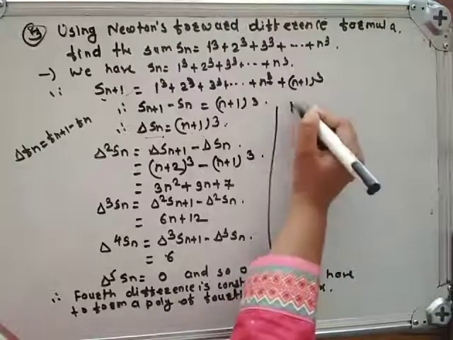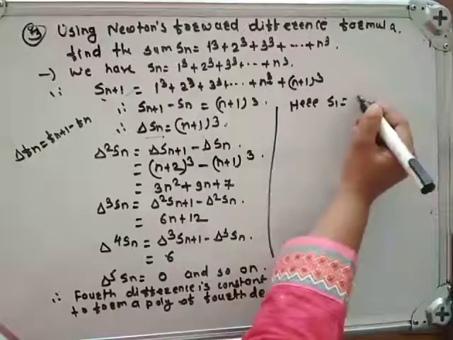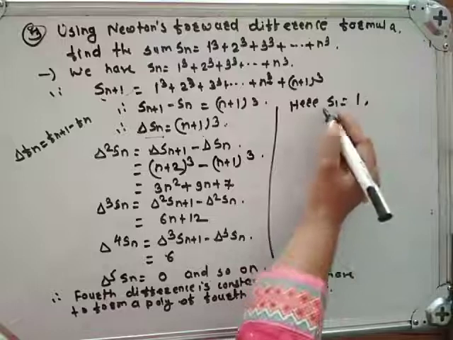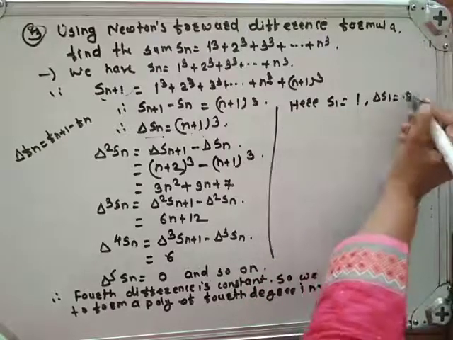Here, S1 is equal to 1. Delta S1 is equal to 8.